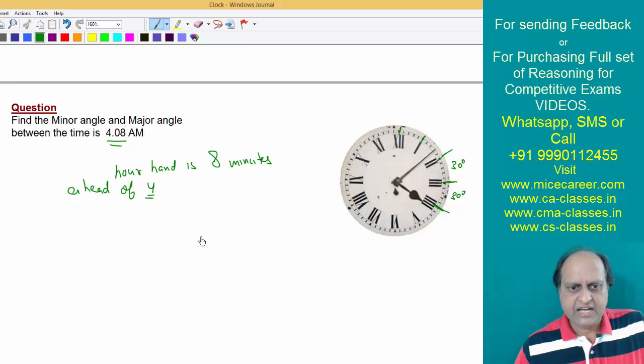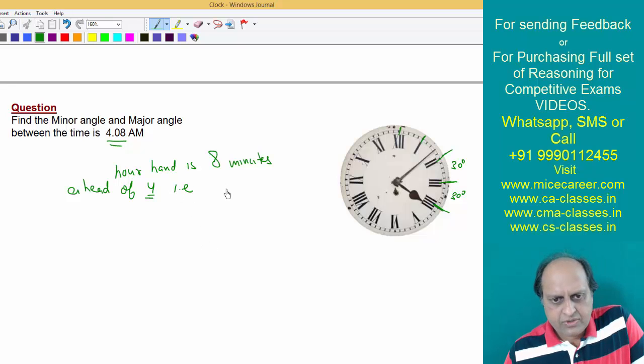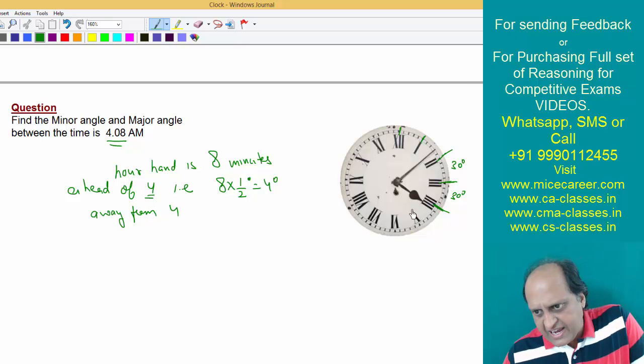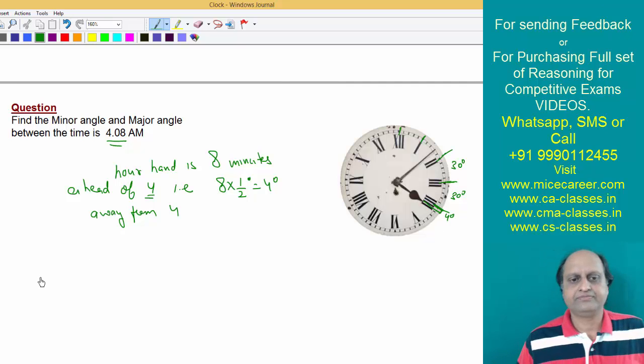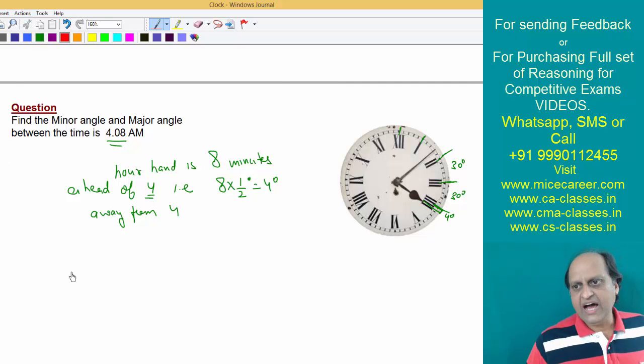It is 8 minutes ahead of 4, that is 8 into half, 4 degrees away from 4. So this angle is 4 degrees. This was regarding the hour hand.